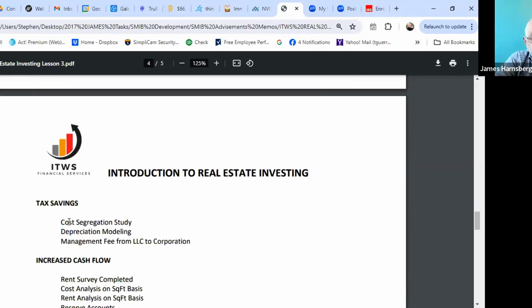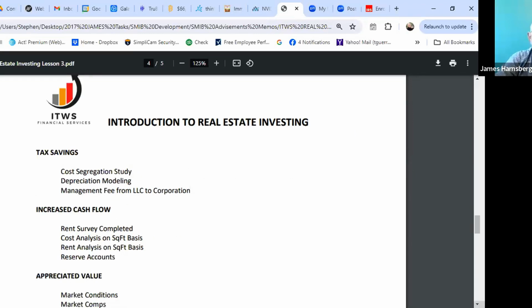So that takes care of the cost segregation study and the depreciation modeling. Now the management fee from the LLC to the corporation. The corporation is a managing member along with you, or you and your spouse, as members of the LLC.